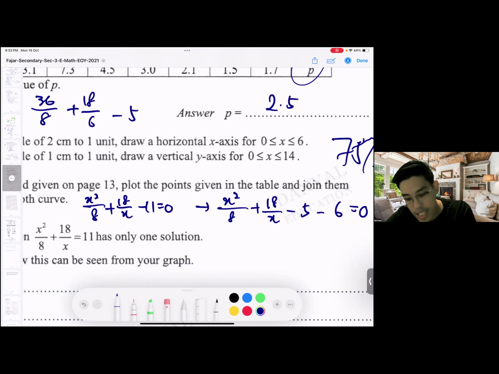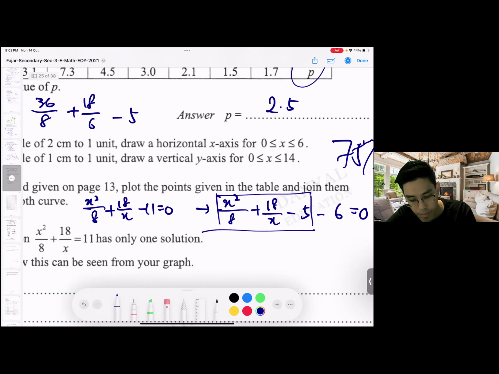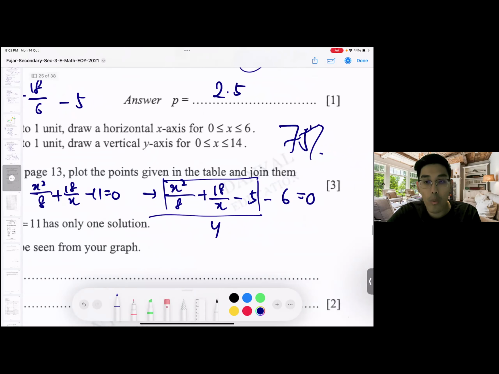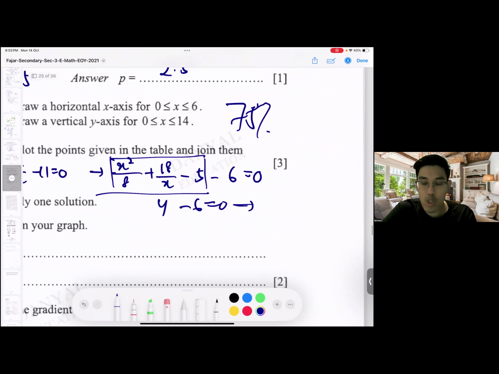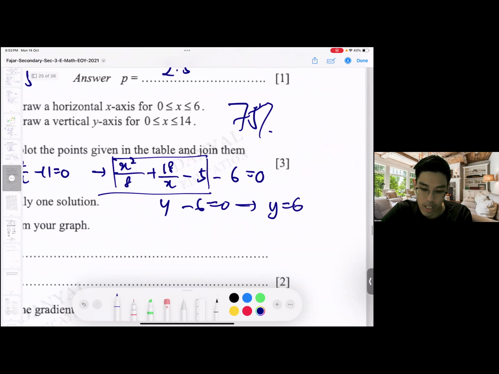So the idea here is this whole thing is my y. How do we see this solution? We need to draw another straight line, because in this case, y minus 6 is 0. So to solve, we draw a new line, y equals to 6.